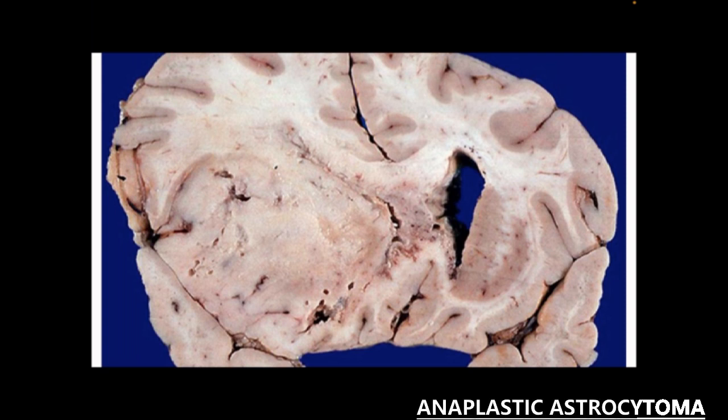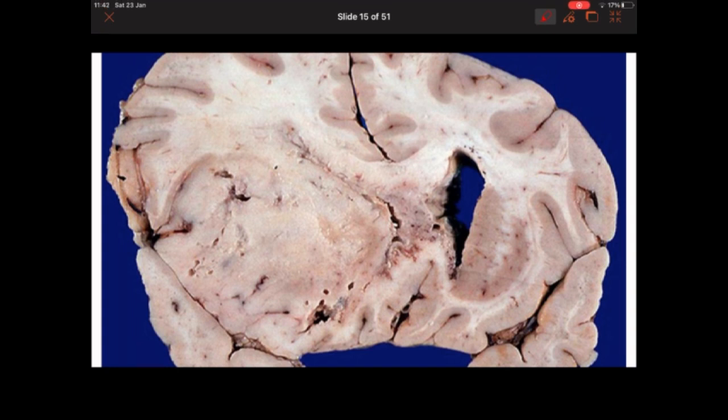So next we go to our anaplastic astrocytoma. Anaplastic astrocytoma is a WHO grade 3 astrocytoma. Compared to gross morphology of pilocytic astrocytoma, anaplastic astrocytoma is ill-defined. We can't really delineate the tumor from the surrounding structure.